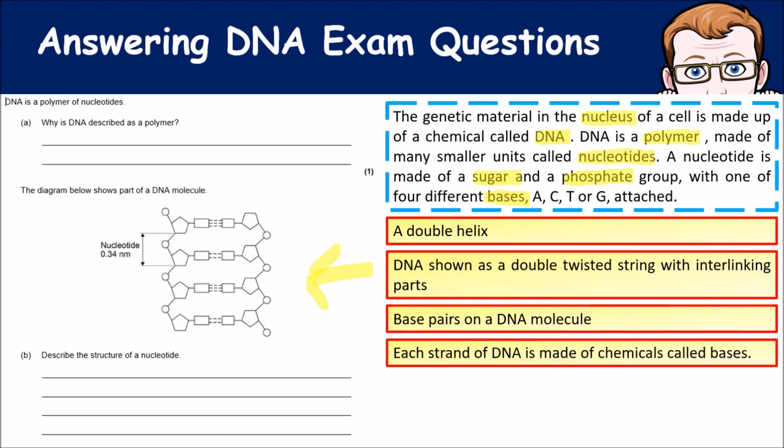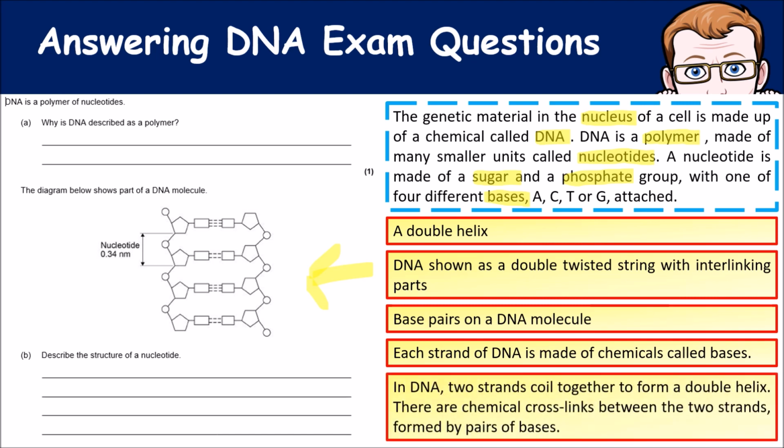Each strand of DNA is made up of chemicals called bases, so whenever we're answering questions on this, we need to make sure that we're talking about bases. In DNA, the two strands coil together to make the structure called a double helix. Do not forget that it's called a double helix.